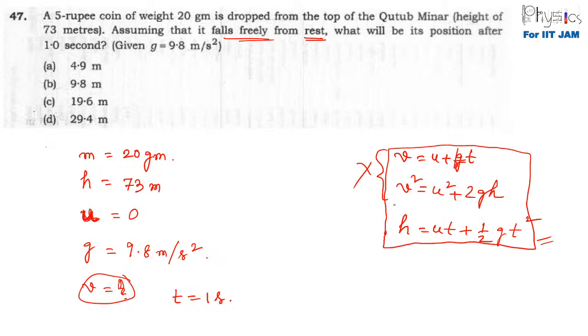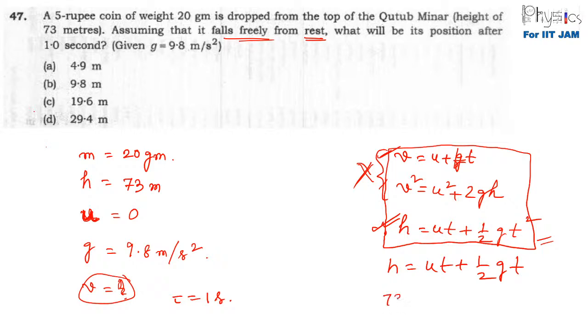Among these three, these two equations are not needed here, but we can use this one. So if we put the value of h, u, g here, let's see what we get.